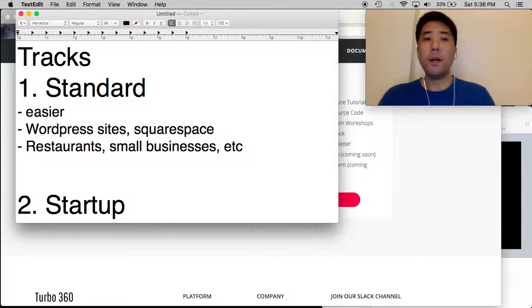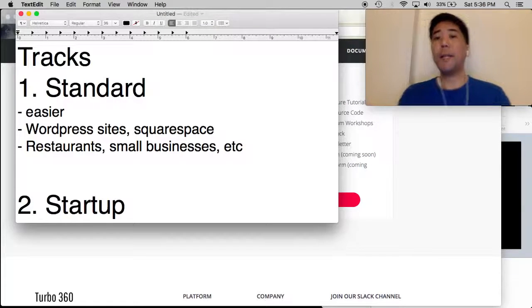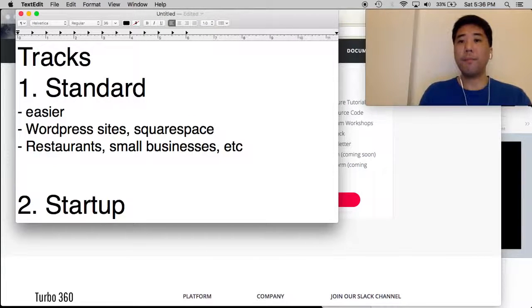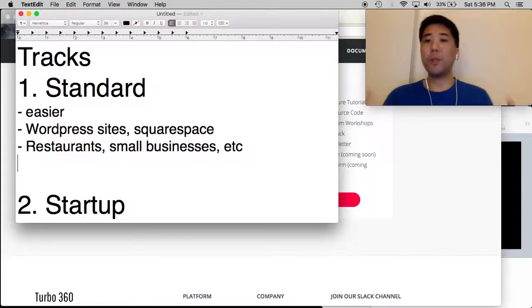So it's easier. So as a result, it's faster. You can crank out projects at a faster pace, and it's easier to get projects in and out the door. But unfortunately, because it's easier, it's also cheaper. There's much more people doing it. It's more of a race to the bottom.